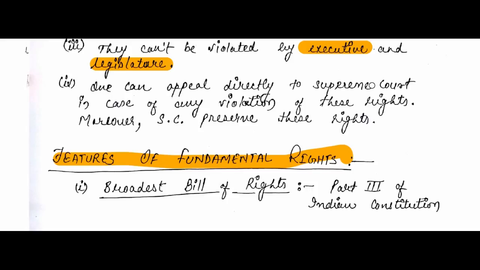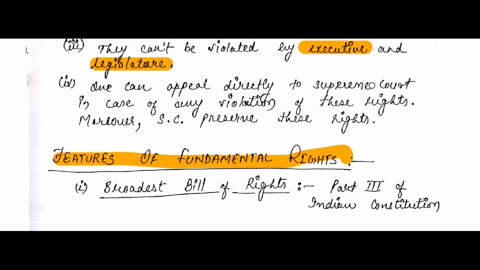Now the next part of the question is what are their features. You have to complete it in 300 words, so approximately 150 words you will cover for the first part, and the next 150 words you will cover the features of the fundamental rights, which is the second part of the question.